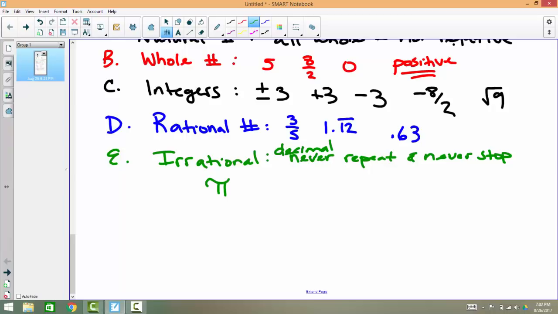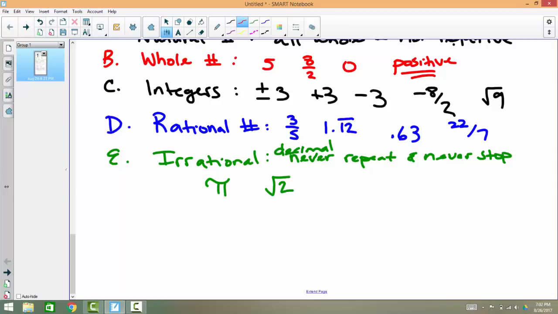You can approximate pi as 22/7, but 22/7 is rational and it is not exactly pi because pi never terminates, it never ends, and it never repeats in a pattern. Like 3 will repeat in pi, but not in a pattern, like 3, 6, 3, 6. That does not happen. Some square roots also will fill up the calculator, like the square root of 2 is an irrational number because it's a decimal that never repeats in a pattern and it never stops.